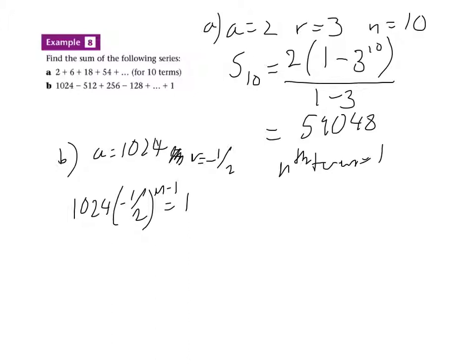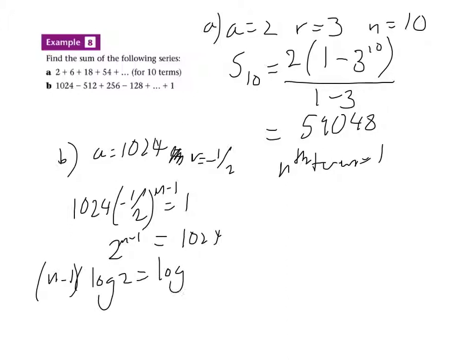So in fact what we could do, multiply by this, we actually get 2 to the n minus 1 is 1024. So taking logs of both sides and bringing down, so we get n minus 1 log 2 equals log 1024, and then dividing and then adding 1 on, you'll find that n equals 11, just by number crunching.